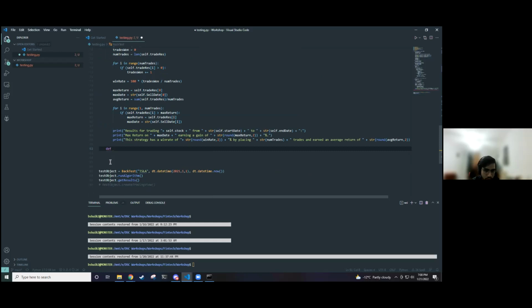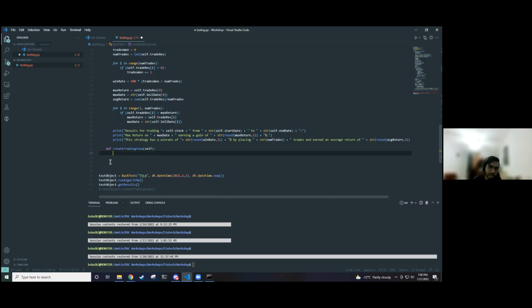So def create, if I cannot type, trading view, and you would just do self right here. And for this, the code is absurdly complicated because the library that I'm using is kind of like that, being Plotly.